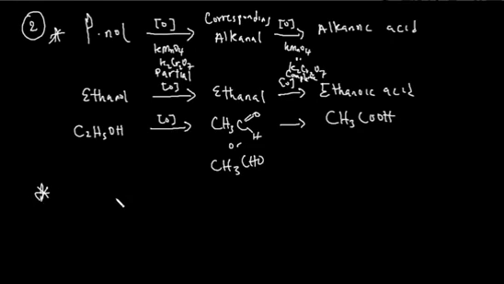Okay, good. Propanol, what will propanol give on partial oxidation? Propanal. Good. 2-methyl propanol, what will it give? 2-methyl propanol, is it primary, secondary, or tertiary? Just think, it's very easy.